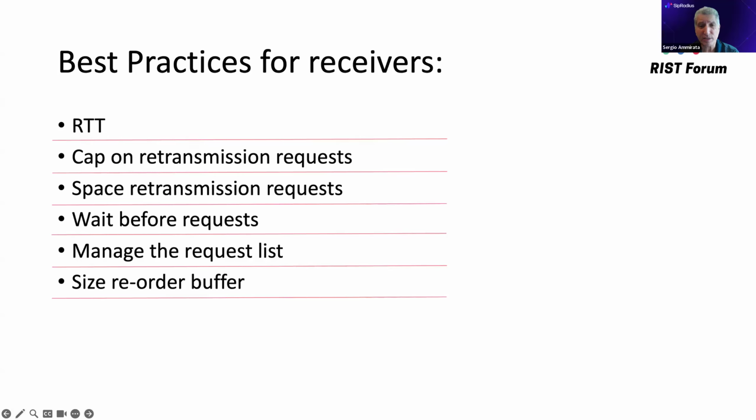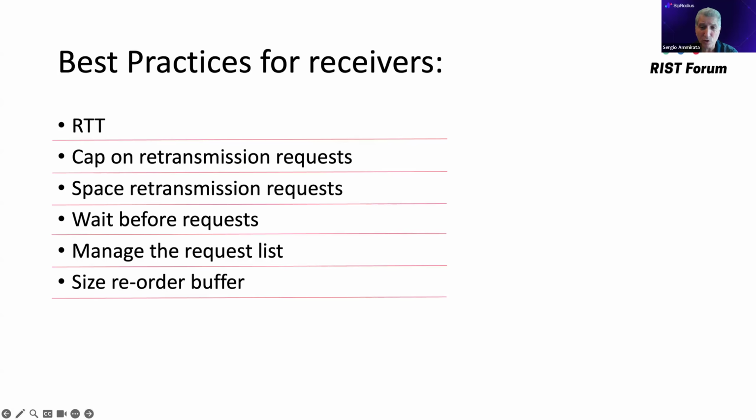Final recommendation is that care is taken in defining the size of the reorder buffer on the receiver. The reorder buffer, if it's too small, will result in duplicate packets being received, which adds overhead to the transmission circuit. And that, of course, adds complexity to the receiver error correction. Why duplicates?